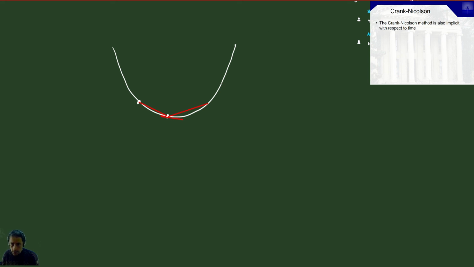However, if I take two points equidistant, backward and forward, same distance, I end up with a slope that goes in the same general direction, much closer to the actual slope of the point of interest. So that's the reason why we were using the two neighbors around the center. But when we did it with respect to time, we ended up only using one of them.